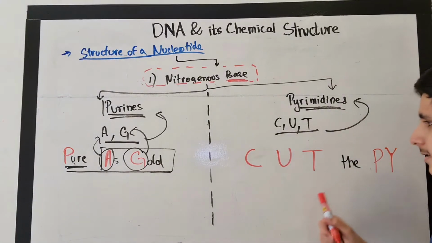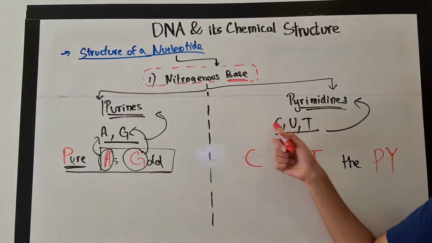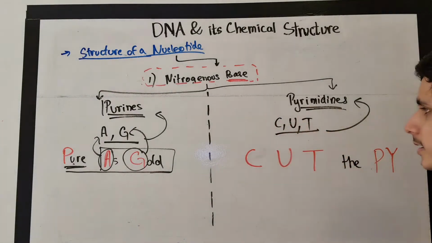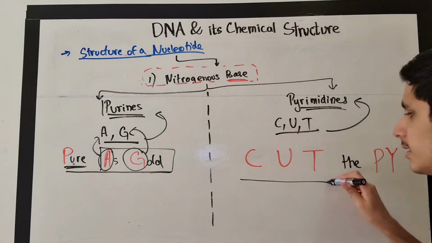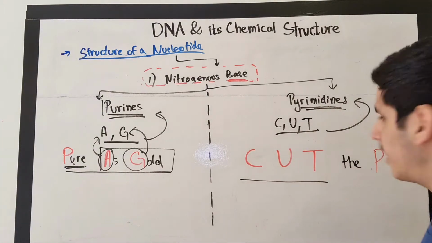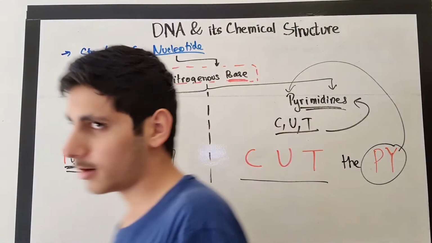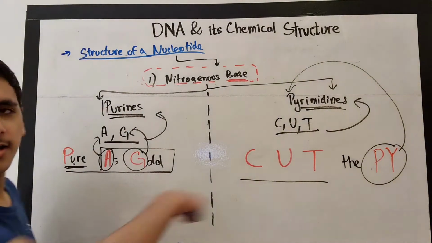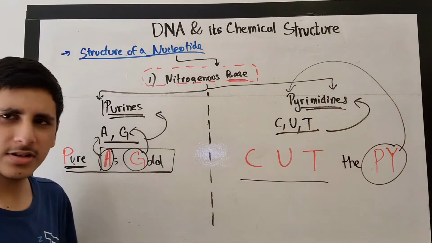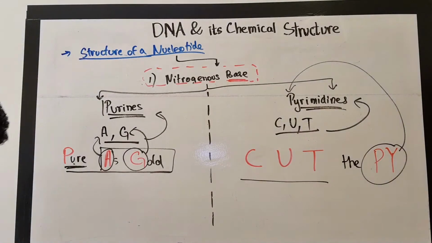C stands for cytosine, U for uracil, and T for thymine, so that's where the word cut is from. And pi refers to the initials of pyrimidine. So that's a very common and simple mnemonic to identify which base is a purine and which one is a pyrimidine.